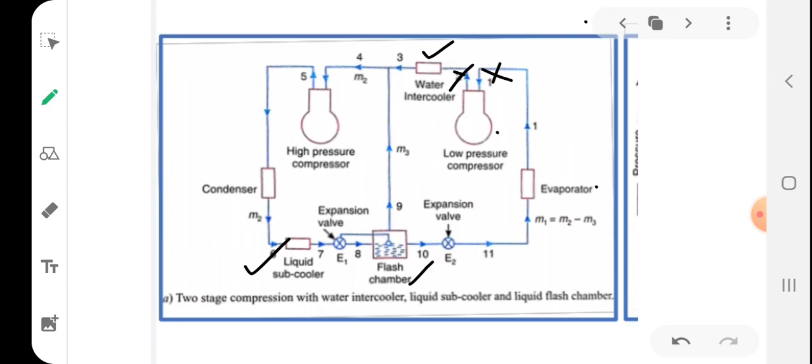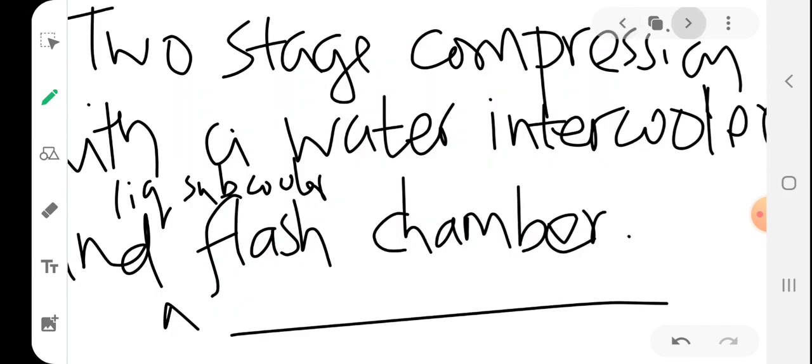At this constant pressure, it is introduced to a water cooler, where it is cooled at a constant pressure PF.